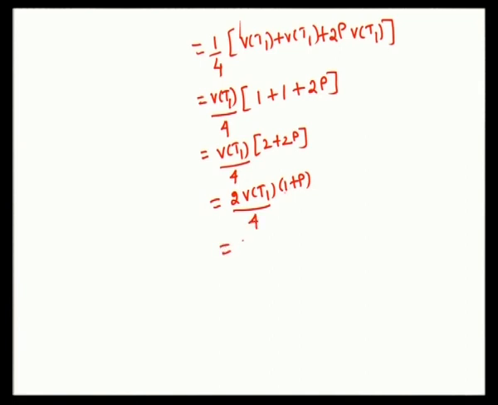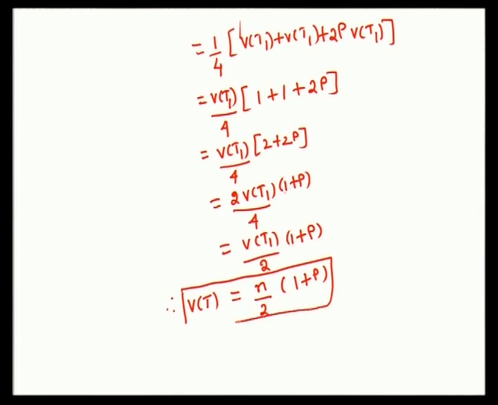So which gives you variance of T1 by 2 into 1 plus rho. Now in the statement of the problem, it is given that T1 and T2 are most efficient estimators with the variance n. So substituting variance of T1 is equal to n, it becomes n by 2 into 1 plus rho. Therefore, you find variance of T is nothing but n by 2 into 1 plus rho, which is what you have to prove.